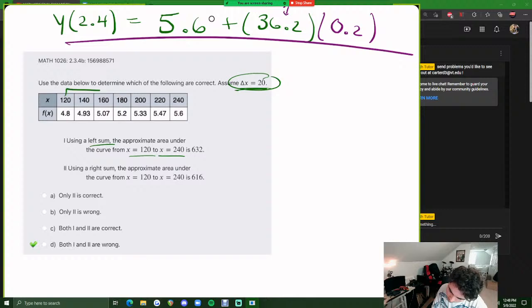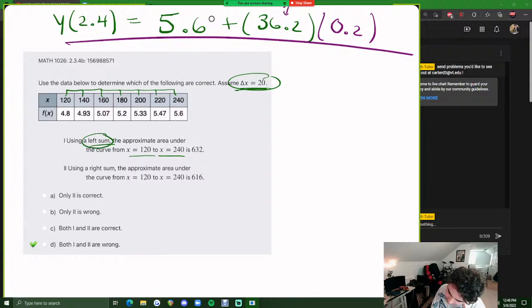So that 120 to 240, that's the entire interval. And so with the width of 20, we know we're just going 1, 2, 3, 4, 5, 6. So we're summing up the area of 6 rectangles, and we're using a left sum.